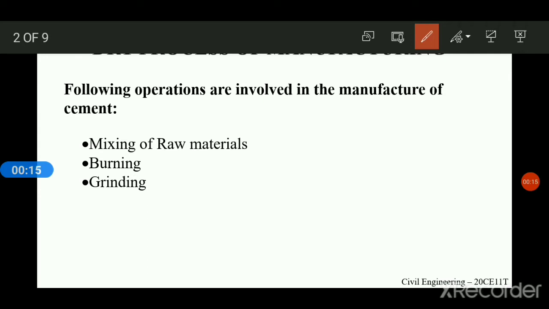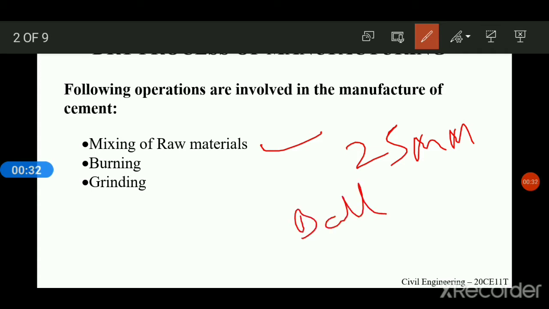In mixing of raw materials, the raw materials are first reduced to a size of about 25 mm in crushers, and then the crushed material is ground to fine particles in a ball mill or tube mill.